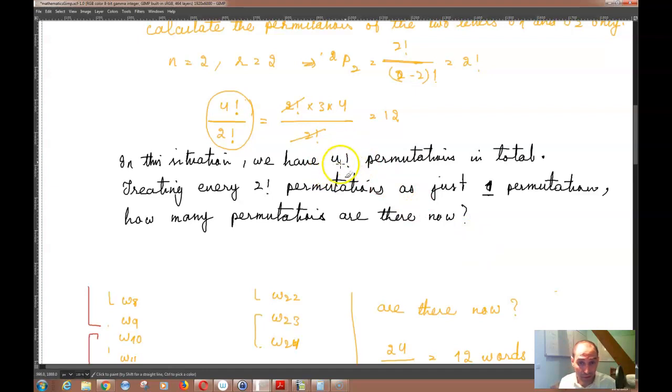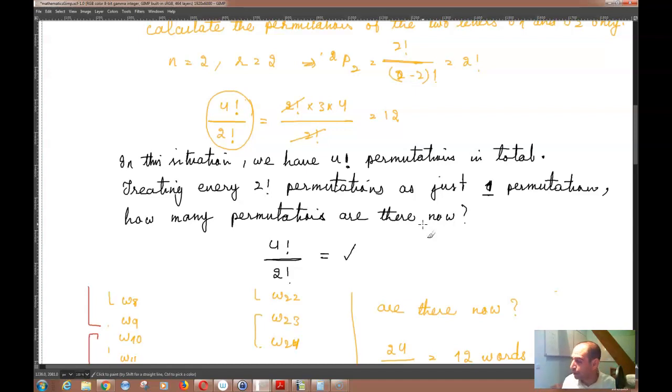Since we had 4 factorial permutations in total, and we are treating every 2 factorial permutations as just one permutation, you just simply divide by 2 factorial, and that would be the total number of permutations that you have over there, right? And that's basically why you divide.